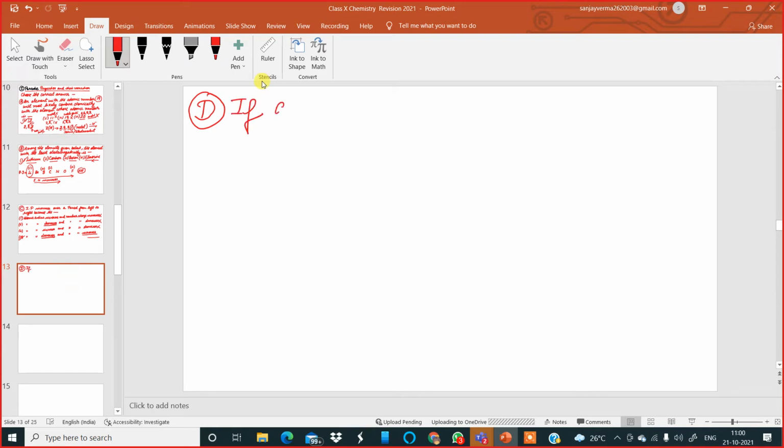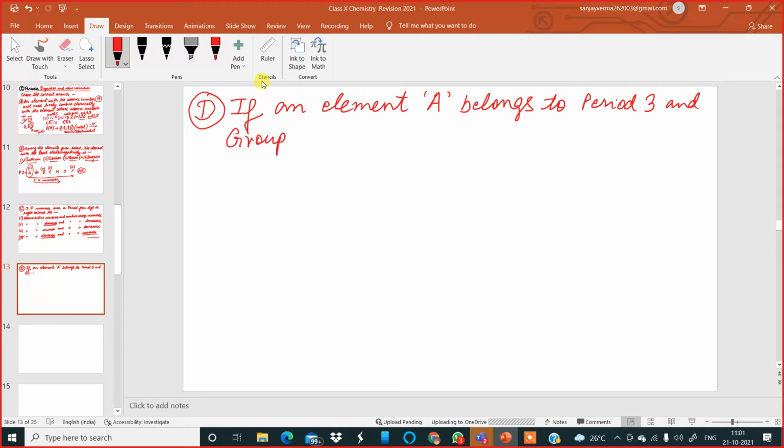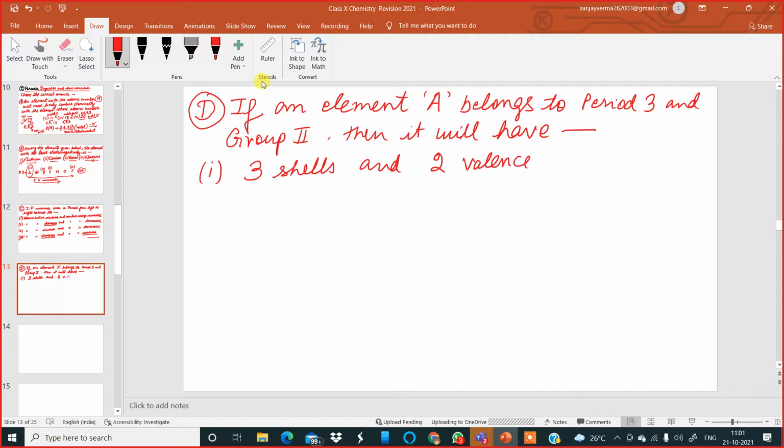If an element A, capital A, unknown element, belongs to period 3 and group 2, then it will have, now the options I'm writing: it will have 3 shells and 2 valence electrons. This is option 1.